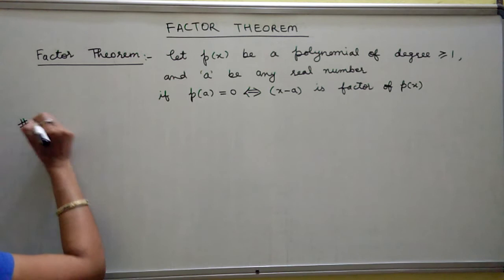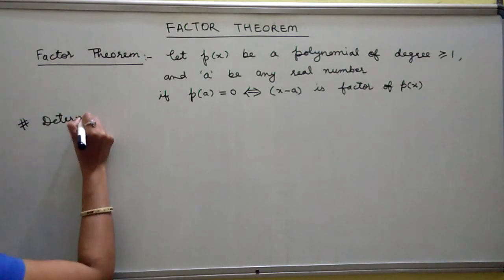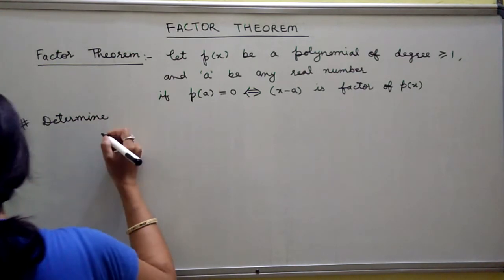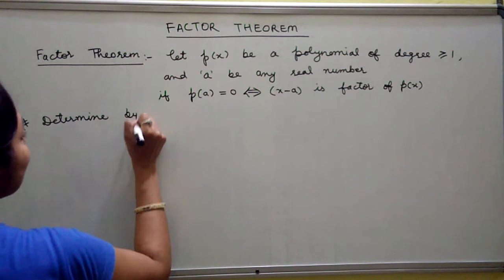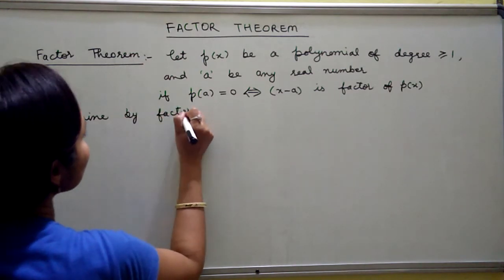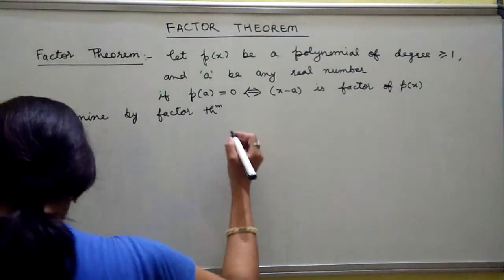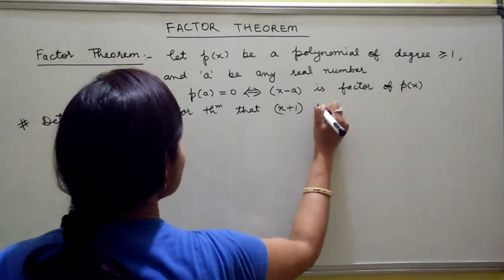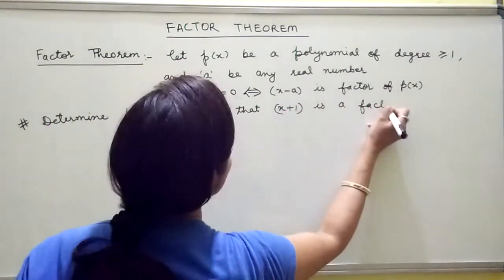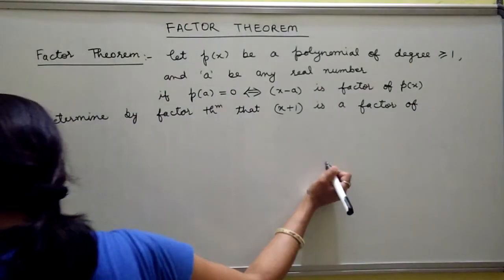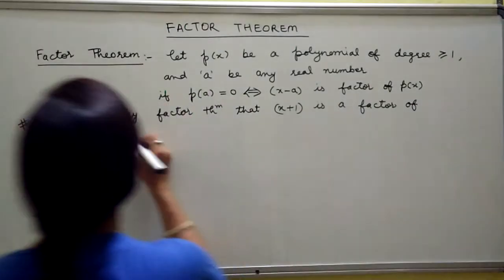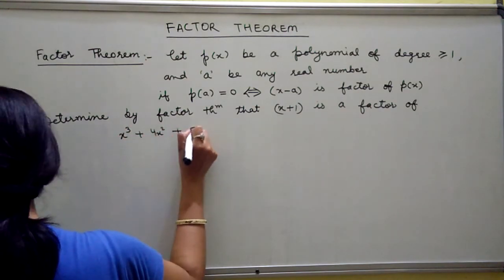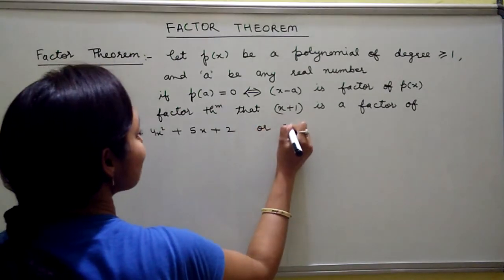First example: determine by factor theorem that x plus 1 is a factor of x cube plus 4x square plus 5x plus 2 or not.